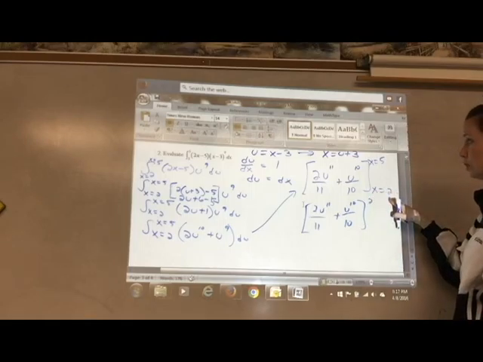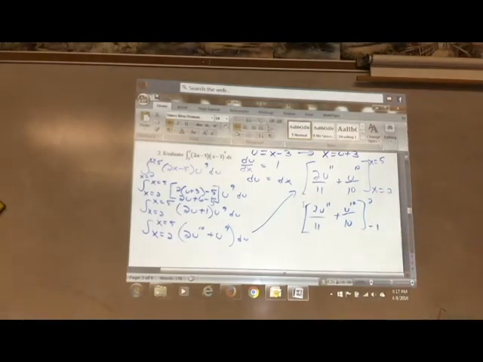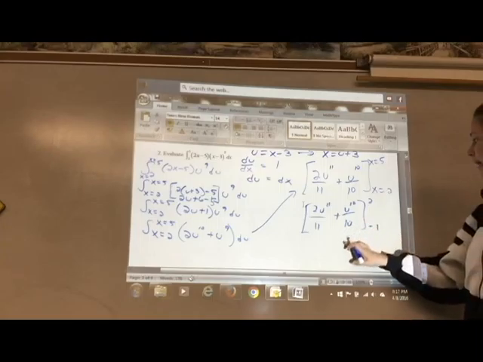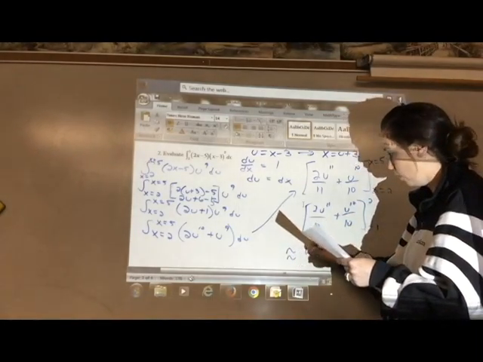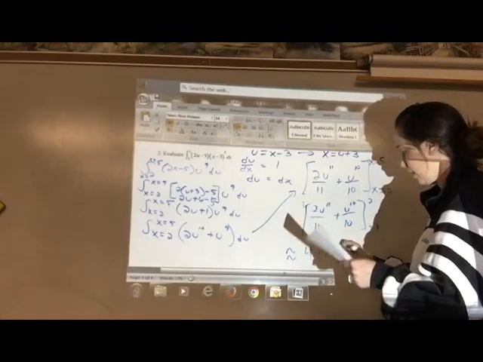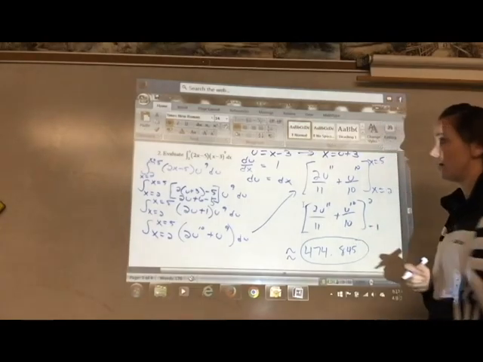If x is 2, u would be negative 1. Okay, so I'm changing my bounds, and then I would use a calculator to fill in my 2 and fill in my negative 1, and in the end your answer should be about 474.845. Okay, so see if you get that.